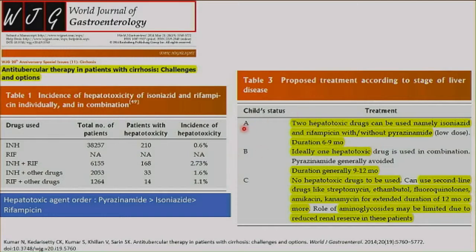But if the patient has Child-Pugh B, ideally only one hepatotoxic drug can be used, without pyrazinamide. So it shows that pyrazinamide is proposed not to be used in cirrhosis patients. And for Child-Pugh C, no hepatotoxic drugs are to be used. We can use other second-line anti-tuberculosis drugs.